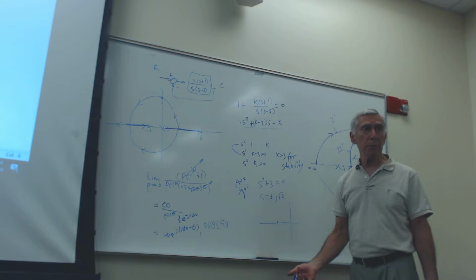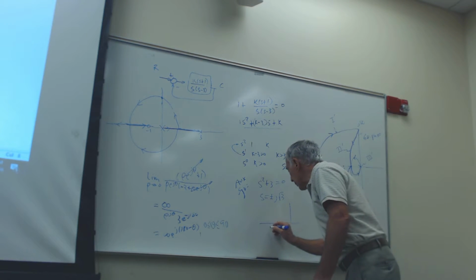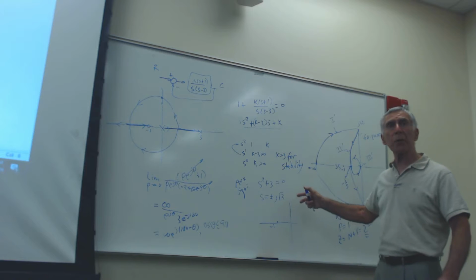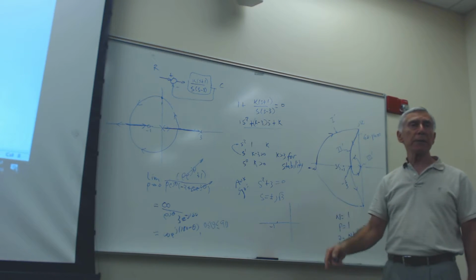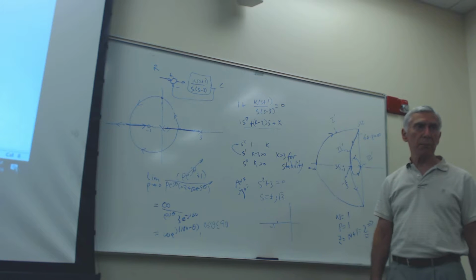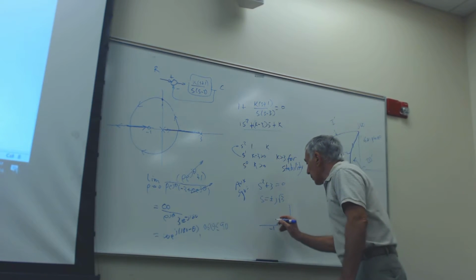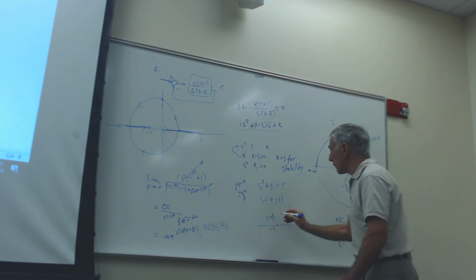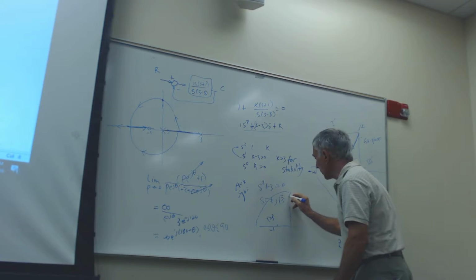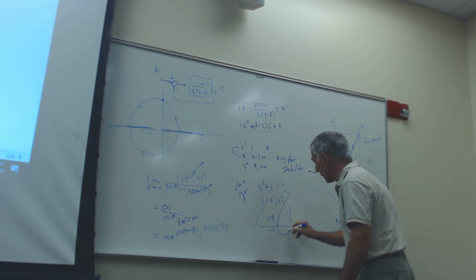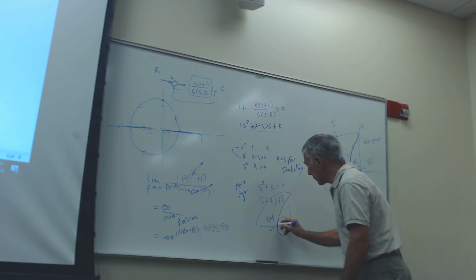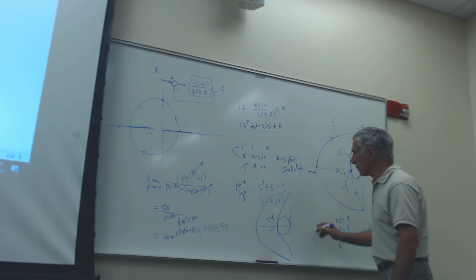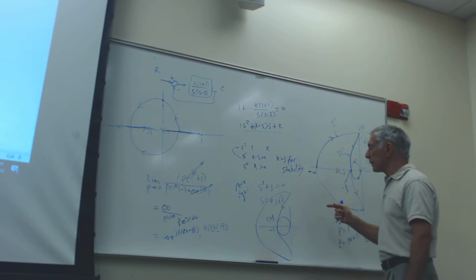It will go through the minus 1 point, because what we said earlier was that if the Nyquist diagram of the open loop transfer function goes through the minus 1 point, then typically the system is marginally stable. So with K equal to 3, it goes through the minus 1 point. It looks like this, right? Comes up like that, comes down through the minus 1 point and around. And then there's a mirror image like that. So that's for K equal to 3.